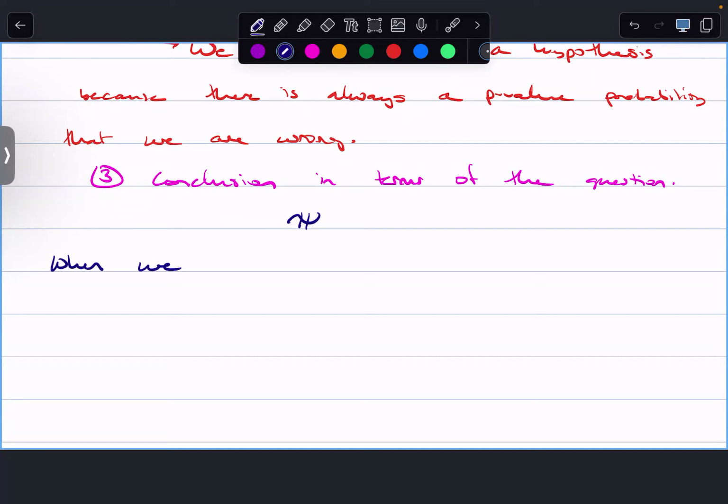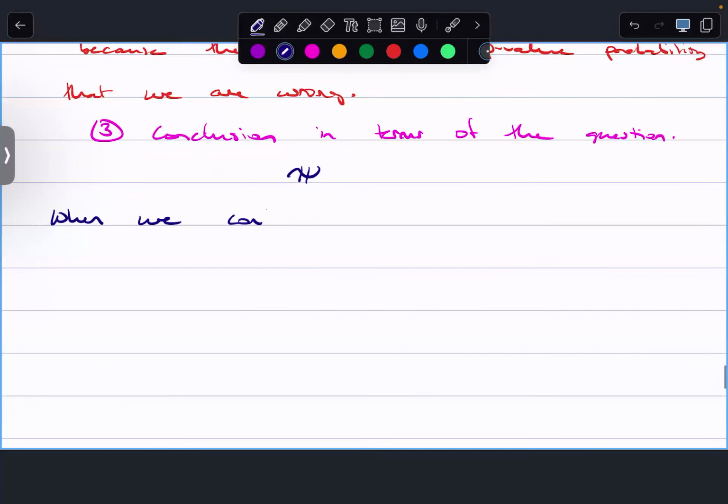We use probabilities to decide what to do, but there's always a chance that we're wrong. So when we conduct a hypothesis test, there is always a probability that we're wrong.